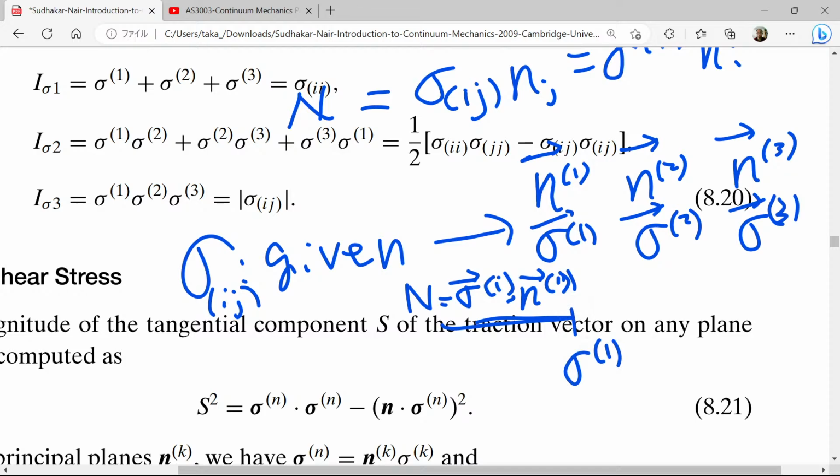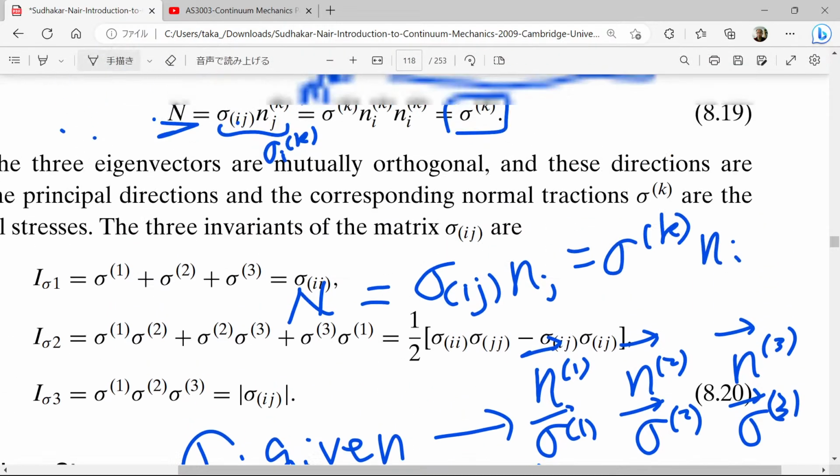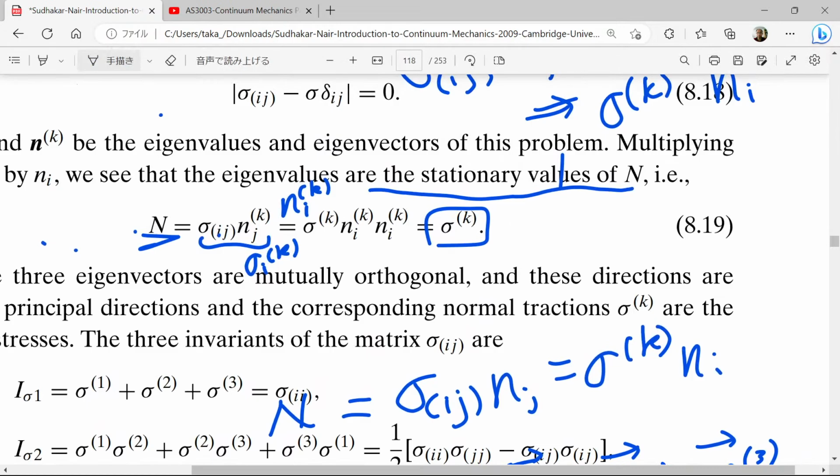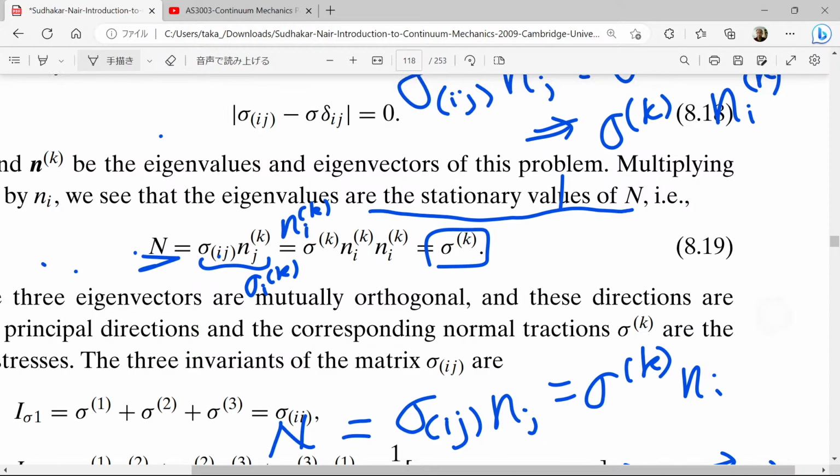So this is sigma 1, sigma 2, sigma 3. Am I right? So this is a vector.